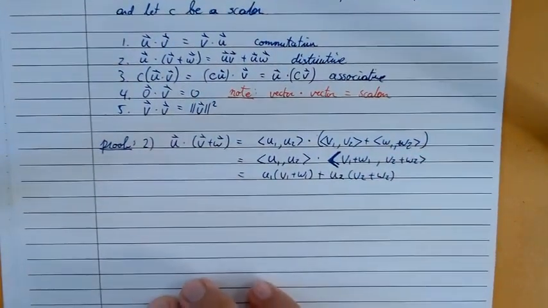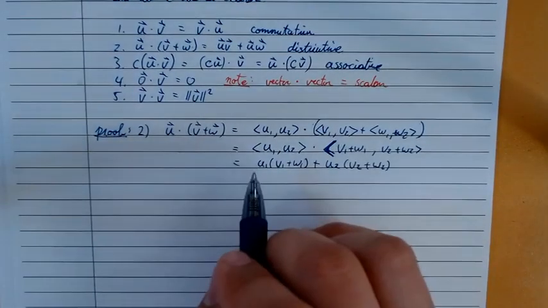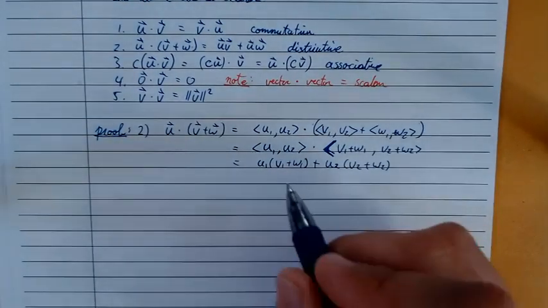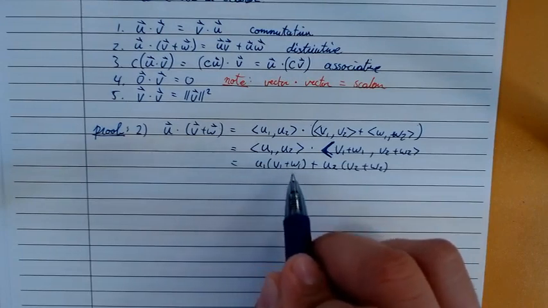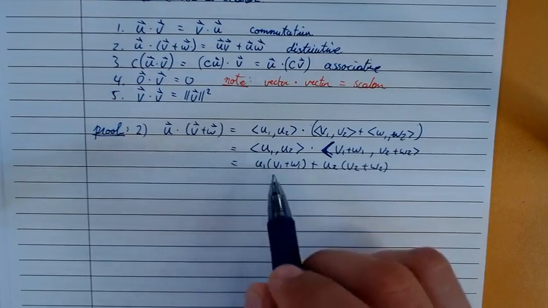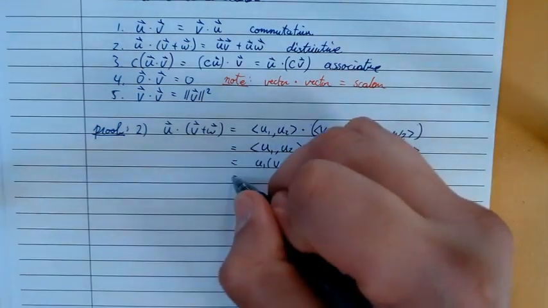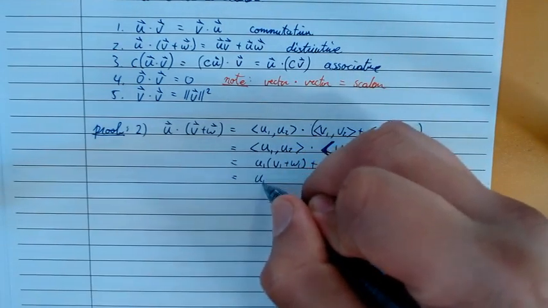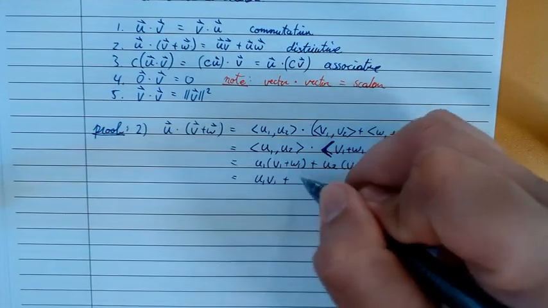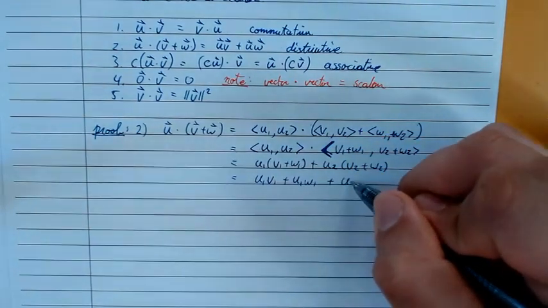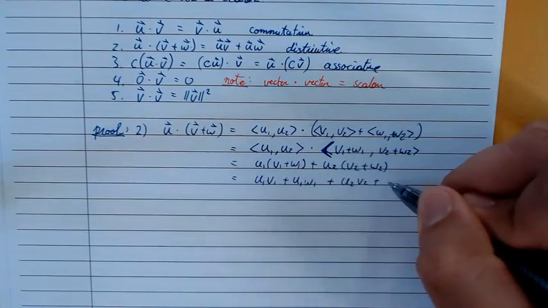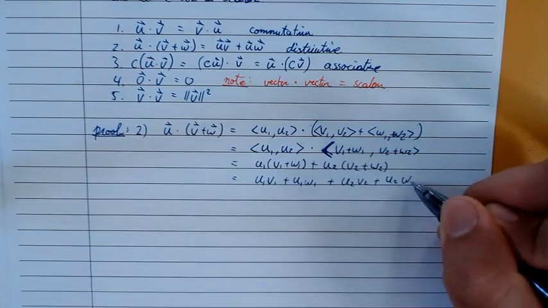And we'll add it together like that. Well, this is just a number times the sum of numbers. I can just distribute this. This has nothing to do with vectors. These are just numbers. So I'm going to use the distributive property of numbers. This is u1 v1 plus u1 w1 plus u2 v2 plus u2 w2.